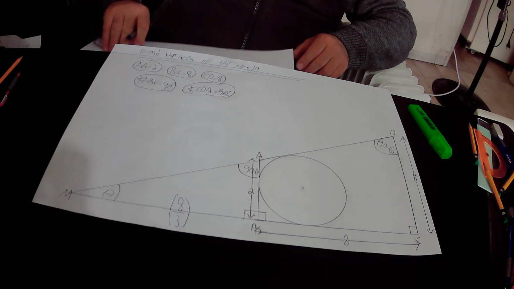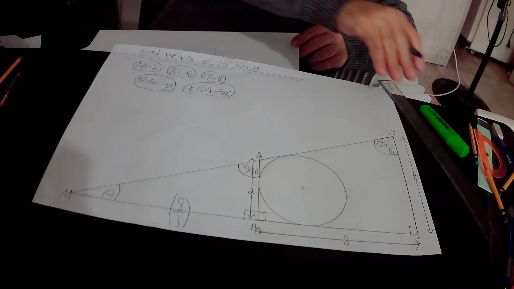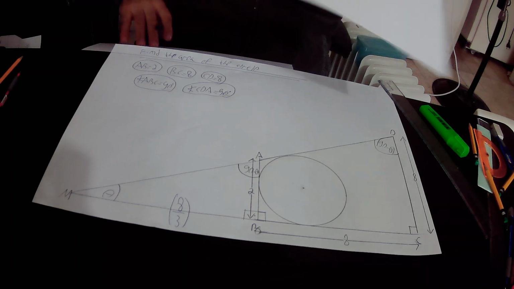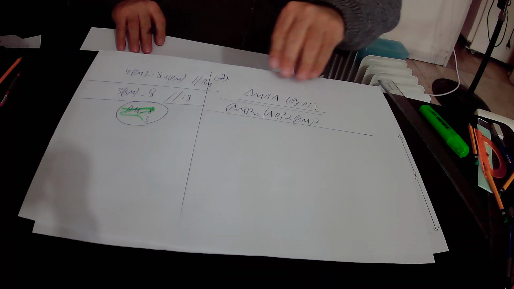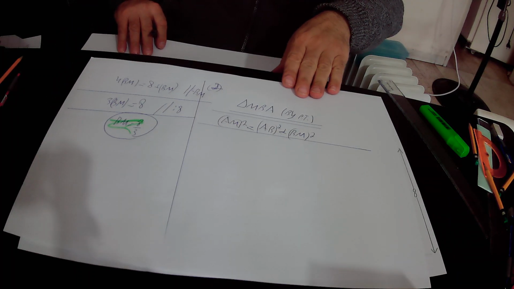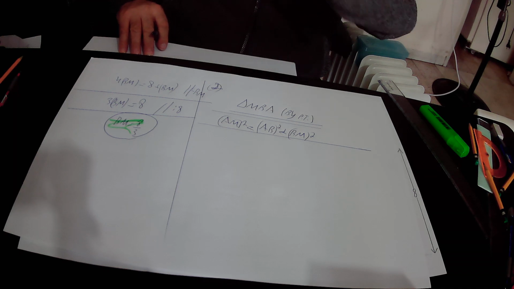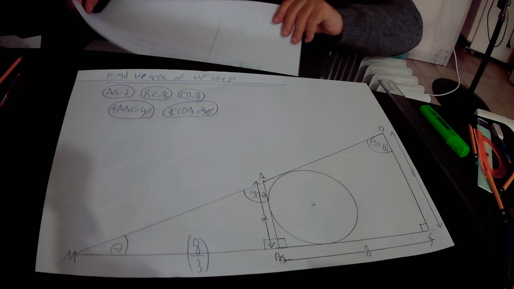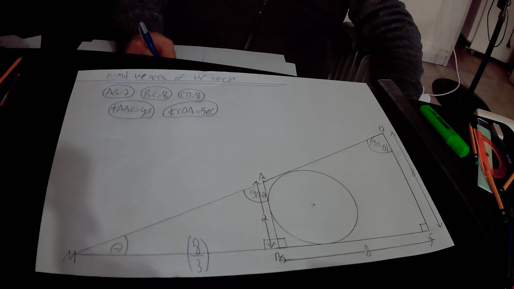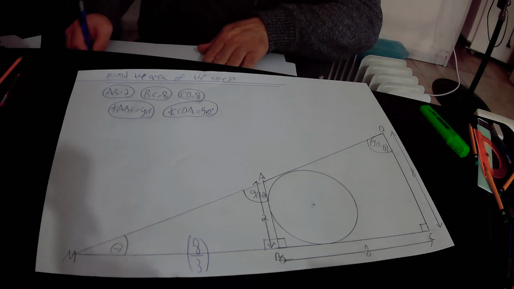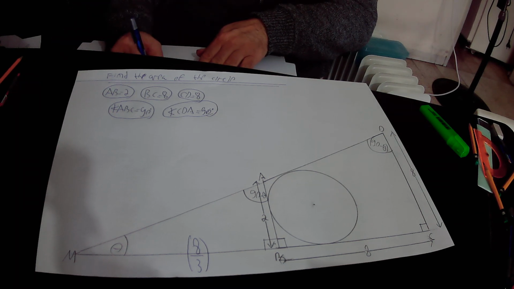Repeat again. According to the Pythagoras theorem, in the small right triangle MBA, AM squared equals AB squared plus BM squared. So AM squared, that is the square of the hypotenuse, equals AB squared.